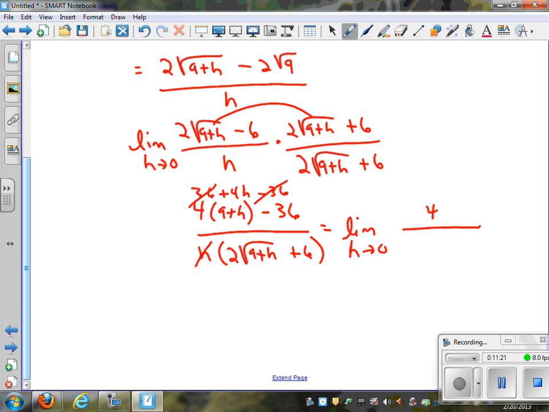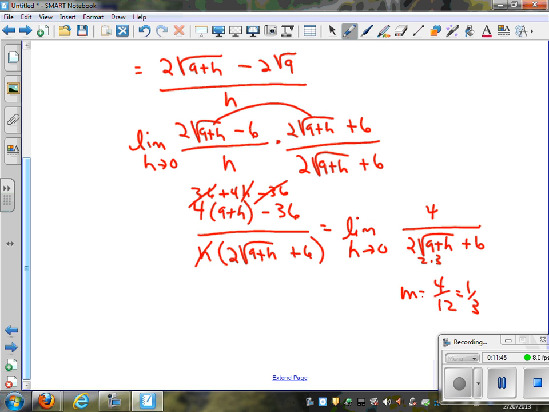So that h is going to cancel out that h. So 4 divided by 12, because 9 plus 0 is 9, square root of 9 is 3, so that's going to be 2 times 3. So that's going to give you 4/12, which is 1/3.